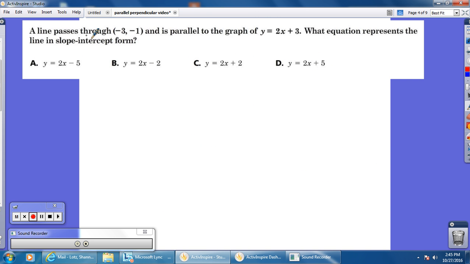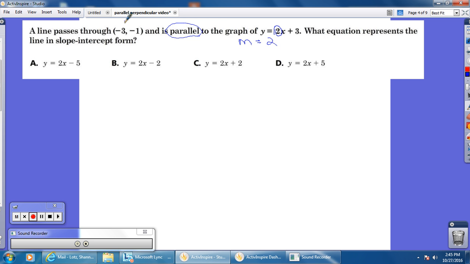Okay, now it's your turn. A line passes through (-3, -1) and is parallel to the graph of y equals 2x plus 3. So now you're going to do the work and solve the equation. Choose the right letter. Okay, so which one did you pick? It's parallel, so I'm going to keep the same slope. So my same slope is going to be 2.